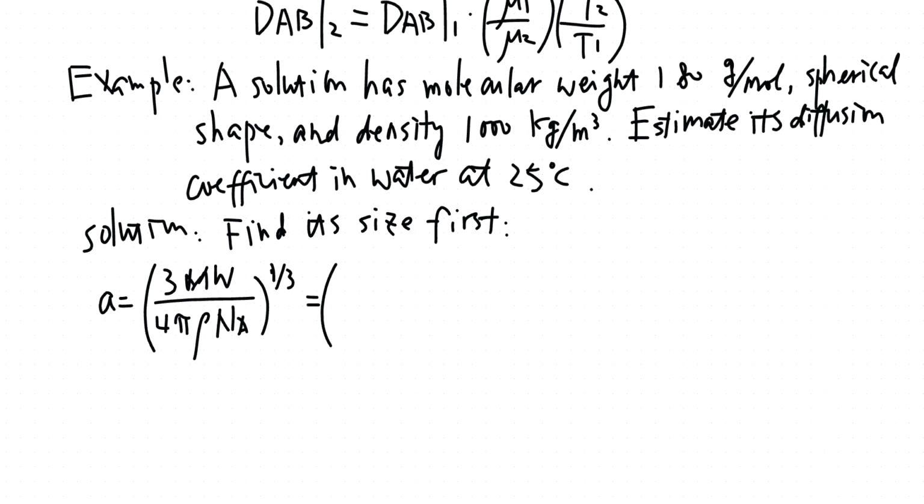3 multiplied by the molecular weight in gram per mole. If we want to convert to SI units, you want 0.18 kilogram per mole.